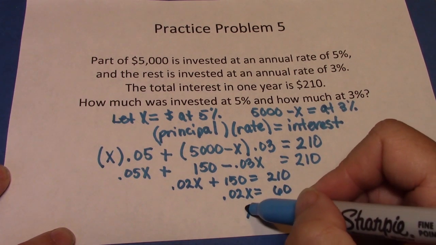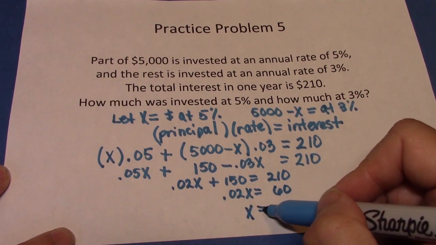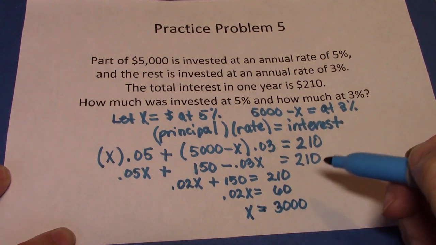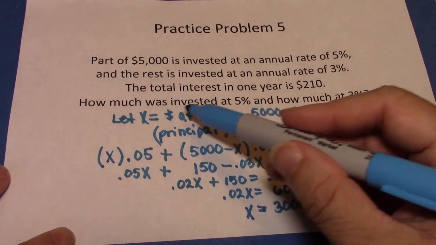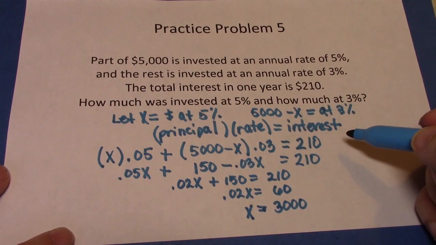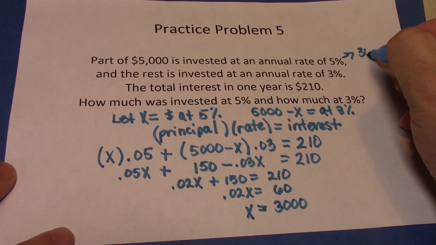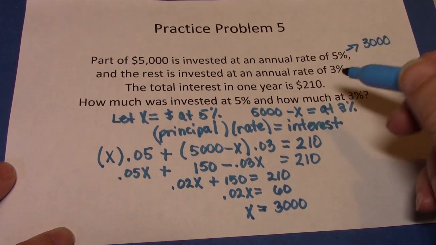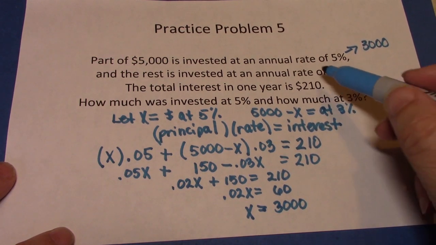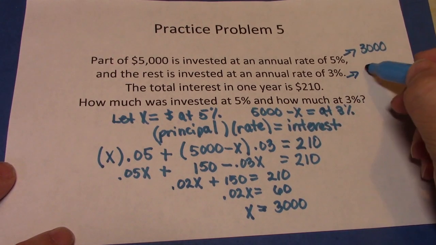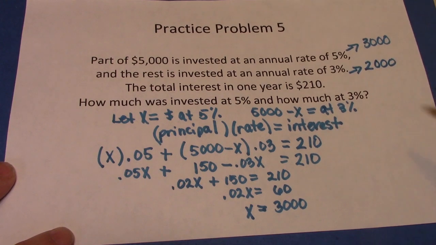Now we divide both sides by 0.02, and we get 3,000. So remember what we found out. X is the amount invested at 5%. That's this amount. And the amount invested at 3% is the difference, 5,000 minus X, 2,000.